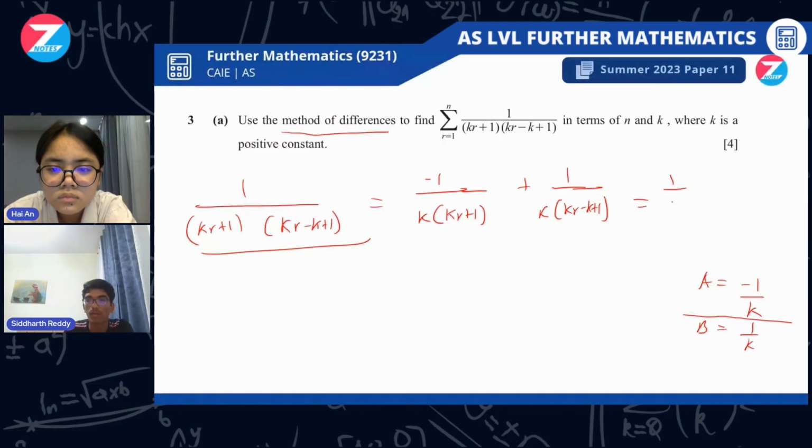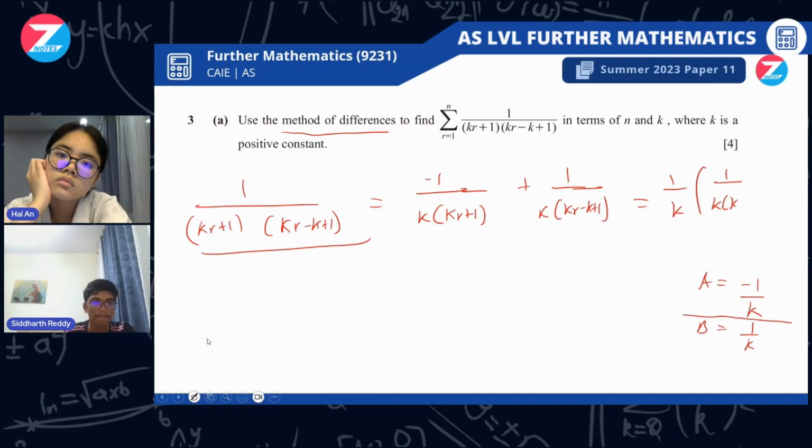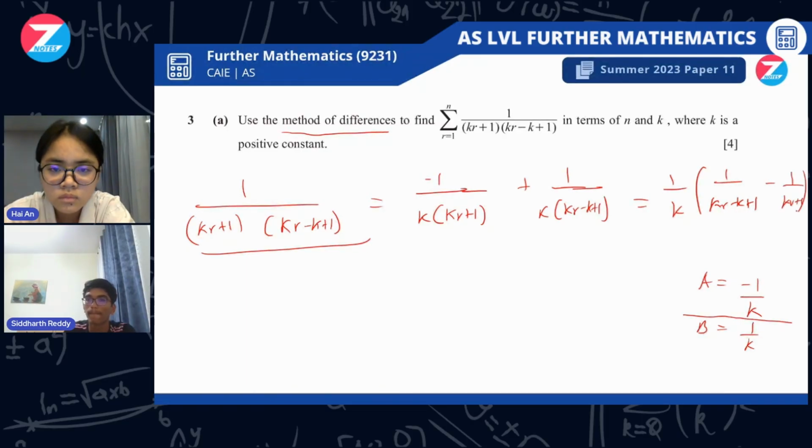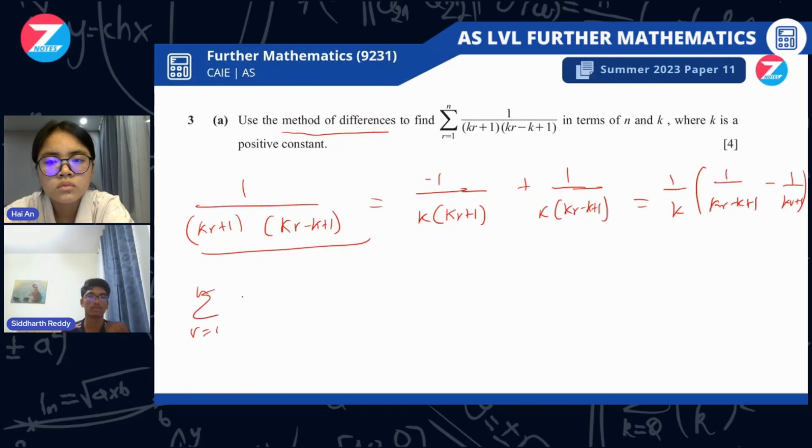So we have 1 by k into 1 by kr minus k plus 1 minus 1 by kr plus 1. So let's add this all up. Let's take the summation from r is equal to 1 to n of this.